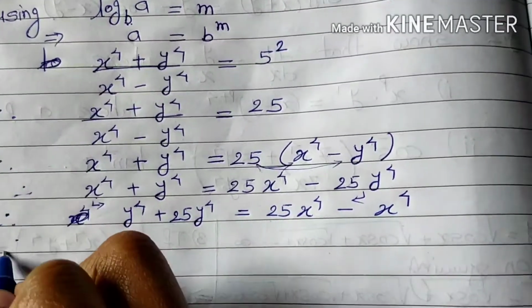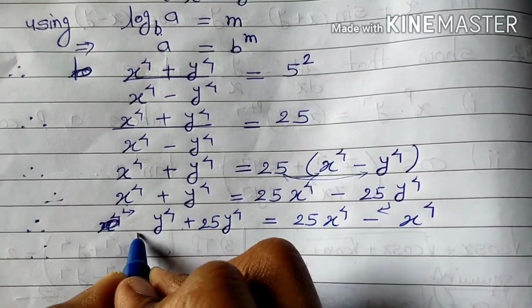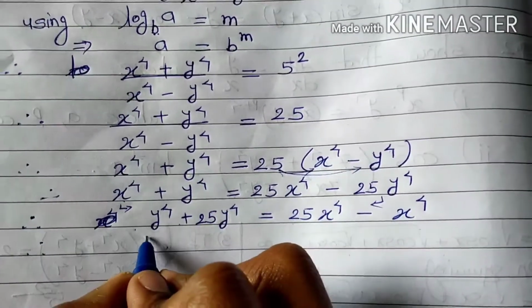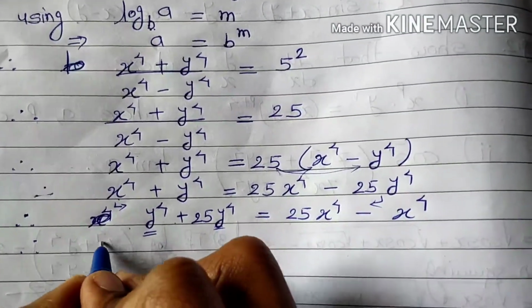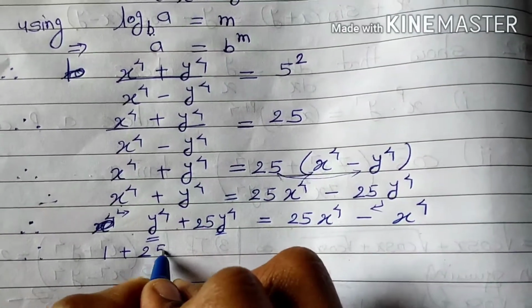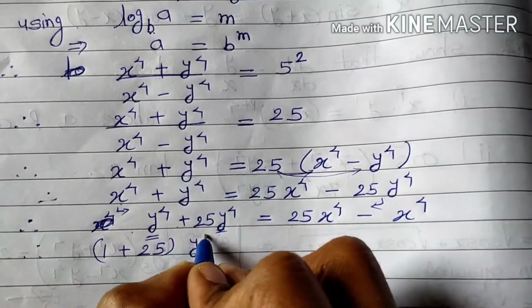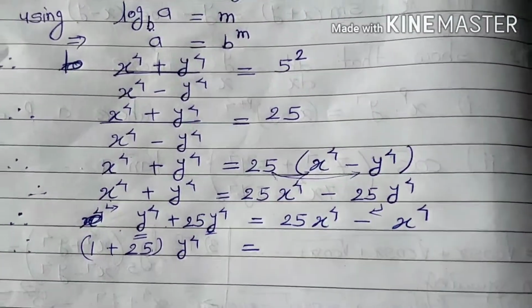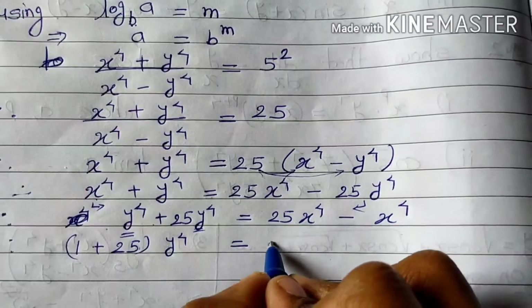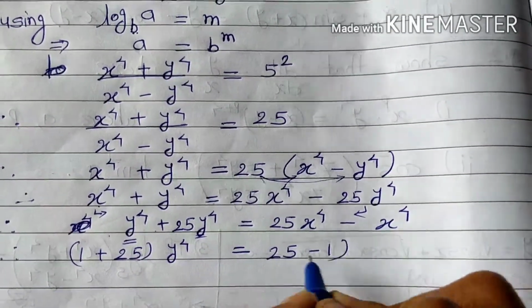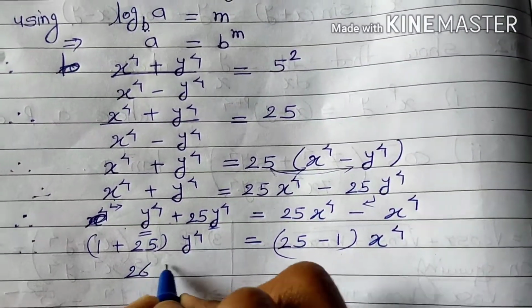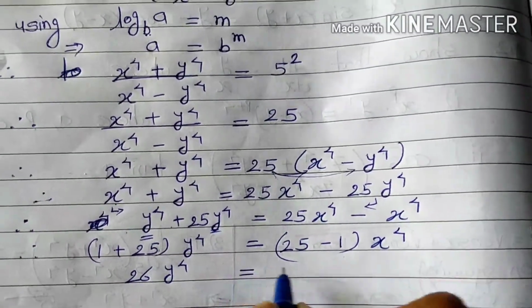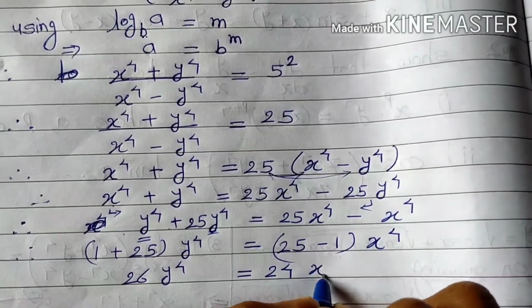Now add: you can take y raised to 4 common or you can directly add. Suppose we take y raised to 4 common, here also x raised to 4 common. So 25 minus 1 x raised to 4. Now it is 26 y raised to 4 and here is 24 x raised to 4.